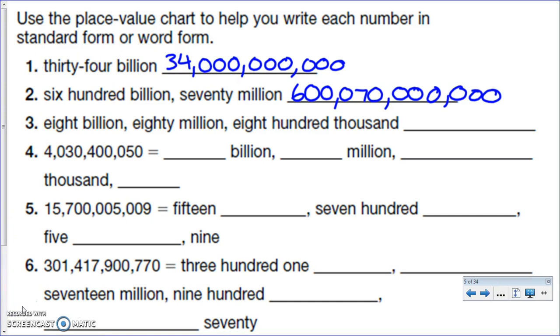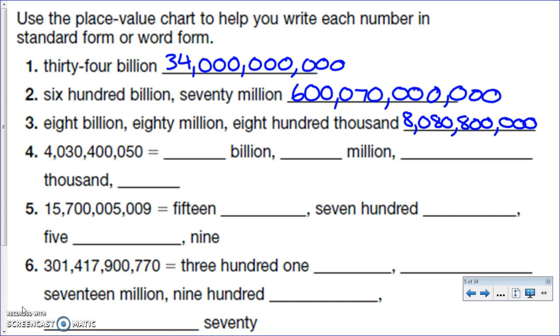For 3, we have 8 billion, 80 million, 800,000. So we have our 8 for the 8 billion, then the comma, then the 80 million, and then the 800,000, and then 3 zeros after the last comma.